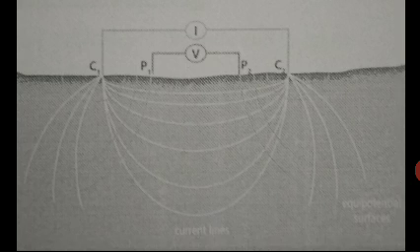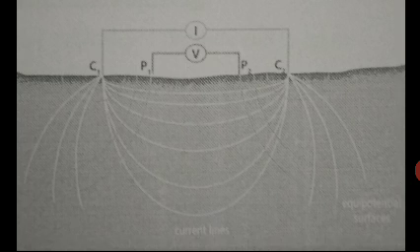To identify the borehole point, we have to conduct a geophysical survey. For this, the electrical resistivity method is the easiest. That's why we will discuss it.